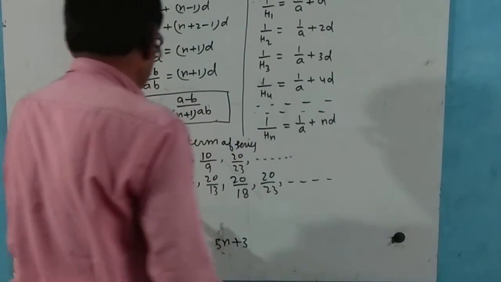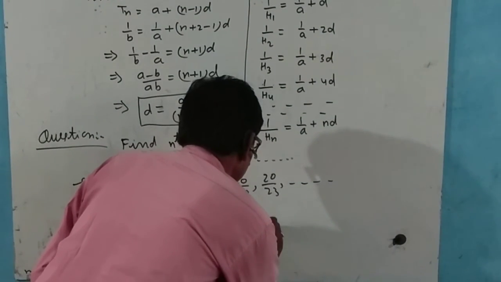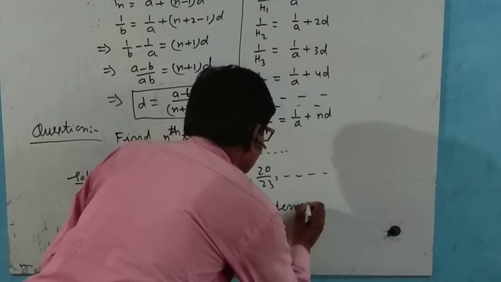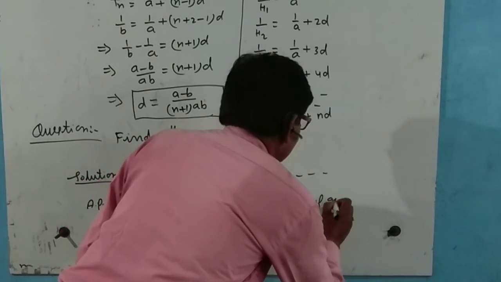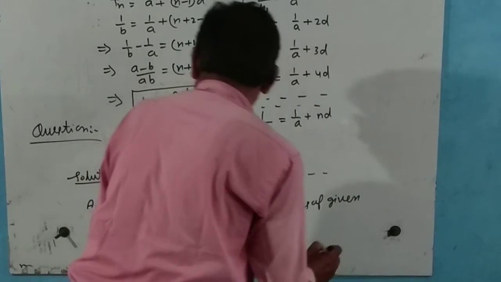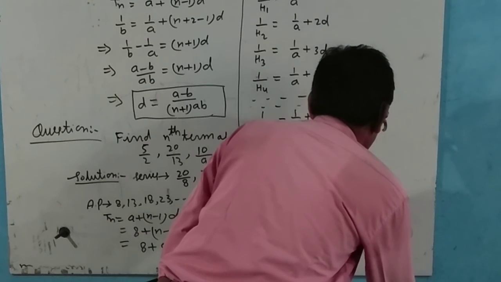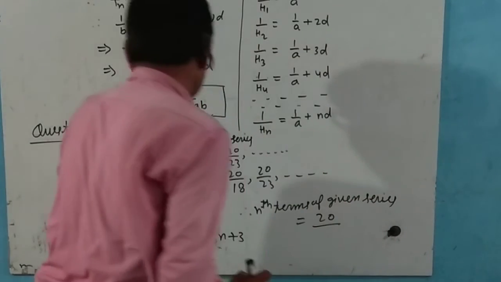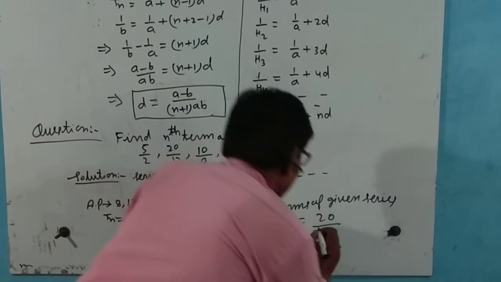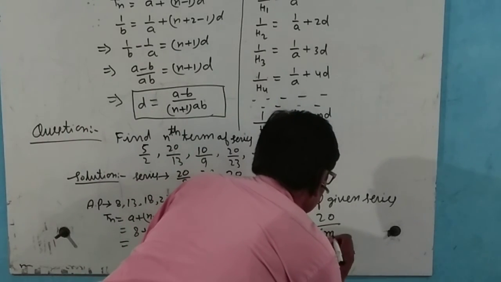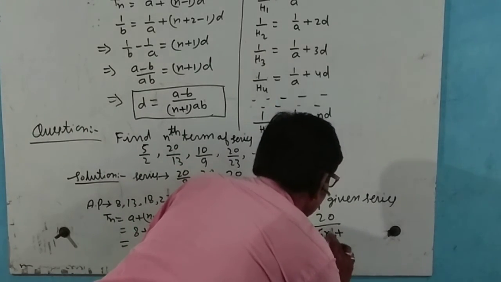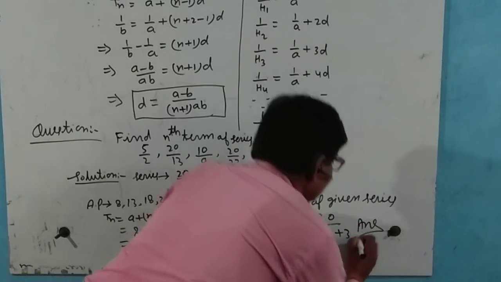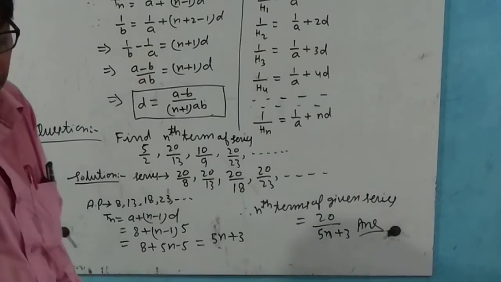So the nth term of the given series equals 20 by 5n plus 3. This is our answer.